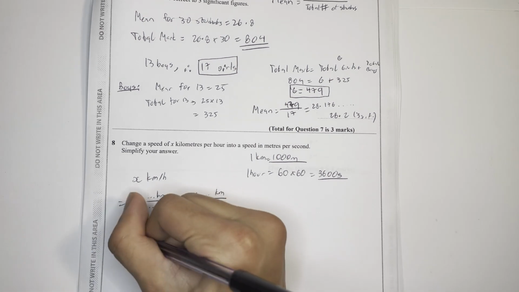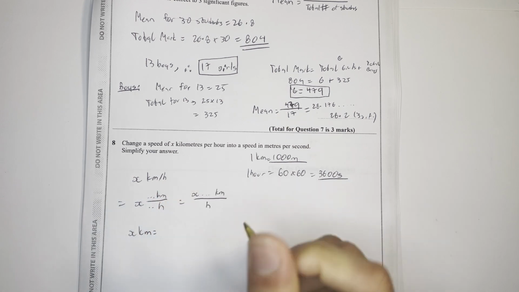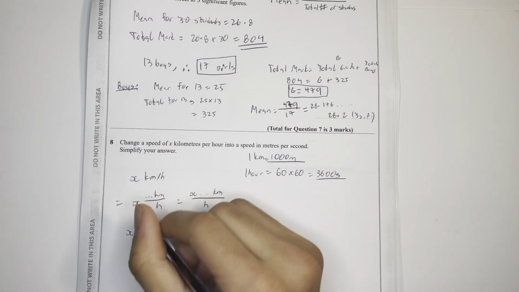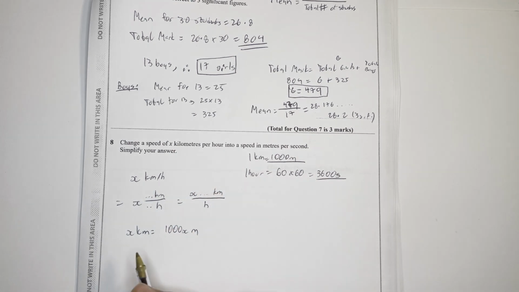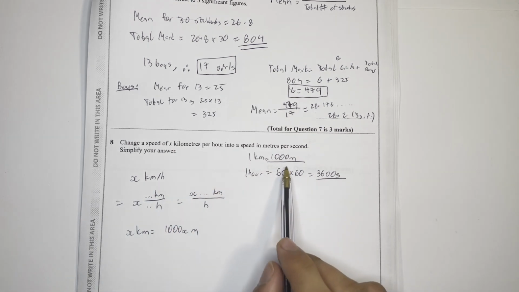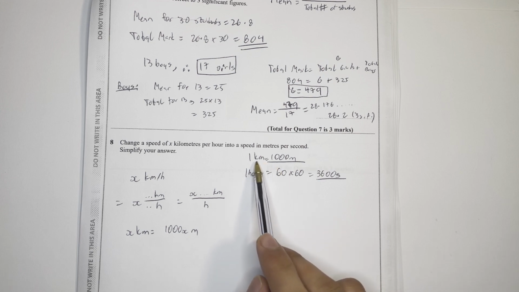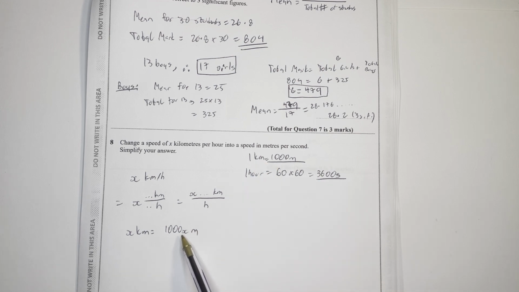So x kilometers, regardless of the value of x, would be written as 1,000x meters, because there are 1,000 meters in 1 kilometer. So you replace the kilometers with 1,000 meters to give you 1,000x meters.